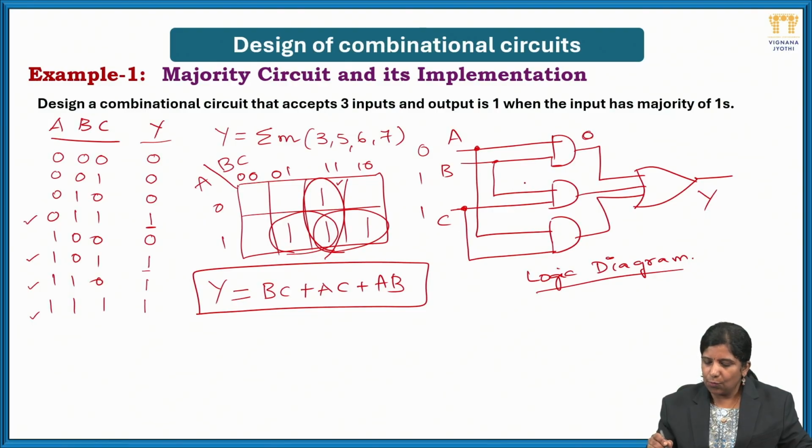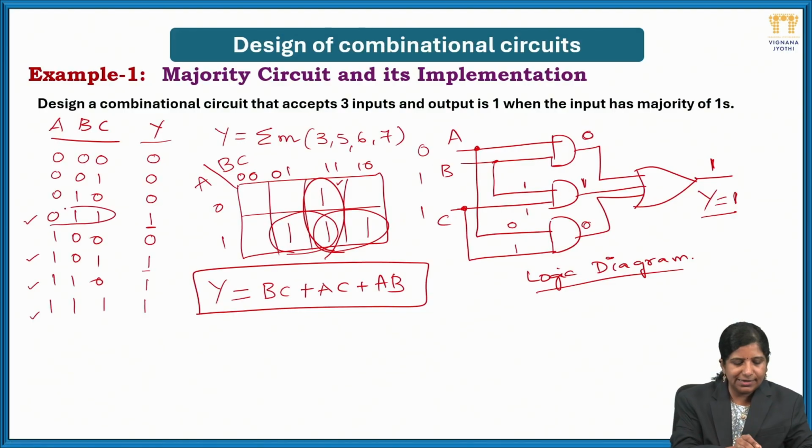Now B is 1, C is 1, 1 into 1, the output becomes 1. Now A is 0, C is 1, so it is 0. So 0, 1, 0. For an OR gate, if any one of the inputs is 1, the output will be 1. So what is the output you got here? Y. Check the truth table. Here the input combination I have taken is 0, 1, 1. And what is the output I got?